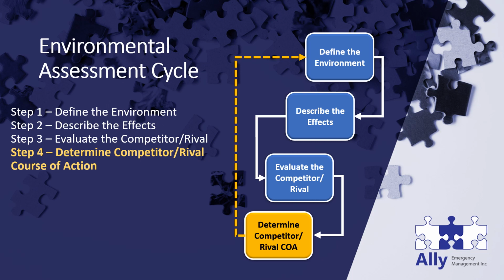In the case of where you're dealing with an individual or a group that has their own decision cycle, most likely course of action is something you would derive when you evaluate your competitor based on past practices and the current situation. Are they likely to continue and act the way they've acted before? That becomes their most likely.